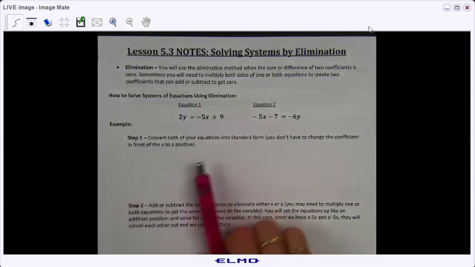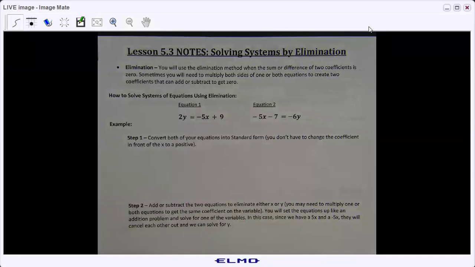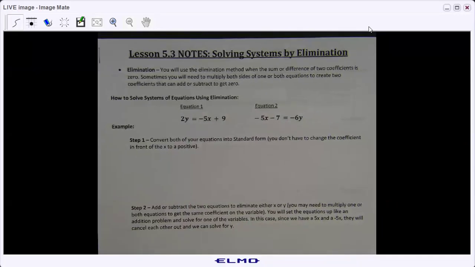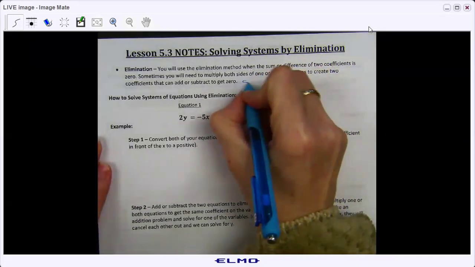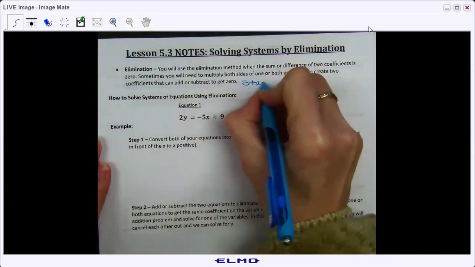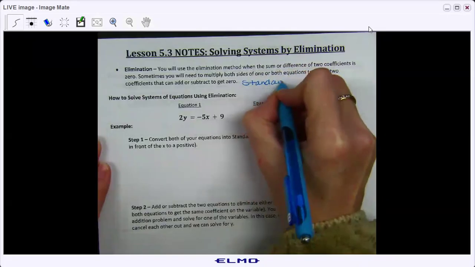All right, so the process of using elimination is in the word elimination. You're going to eliminate a variable and solve for the other one. But the very first step that you need to do is put your equations in standard form. So standard form, does anyone remember what standard form is?